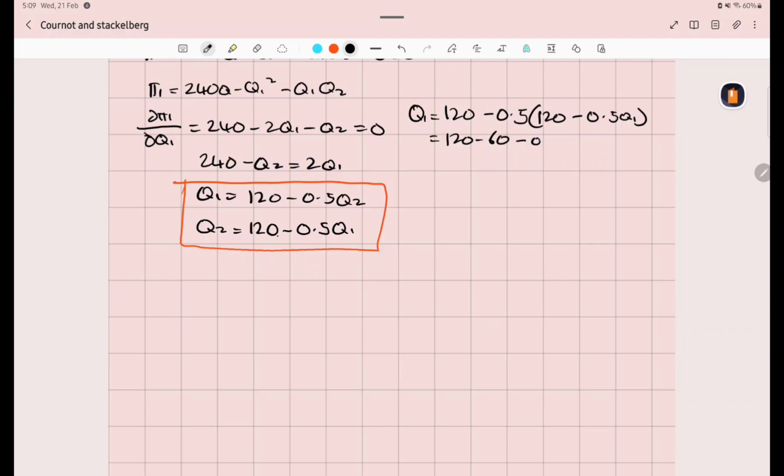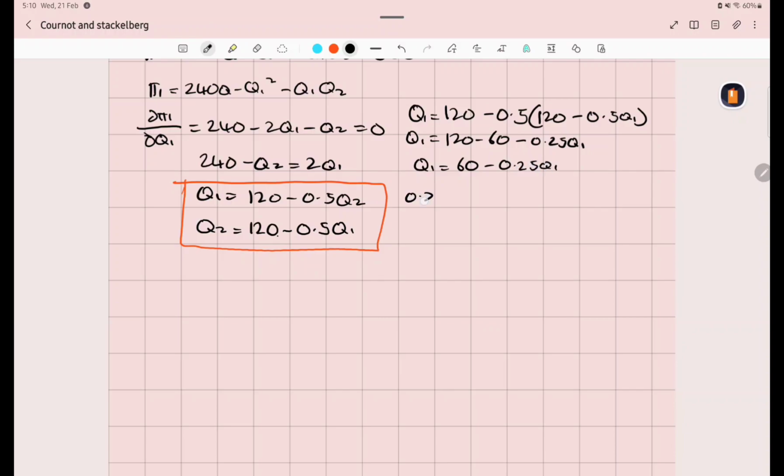Minus 0.25 Q1. And combining like terms, 120 minus 60, that will give you 60 very quickly. Done quickly, right in my head. No help whatsoever.